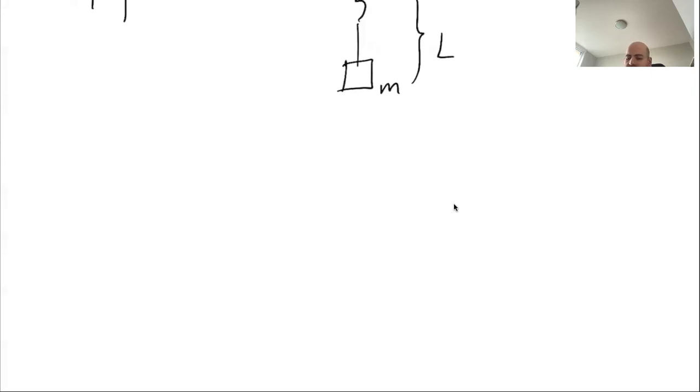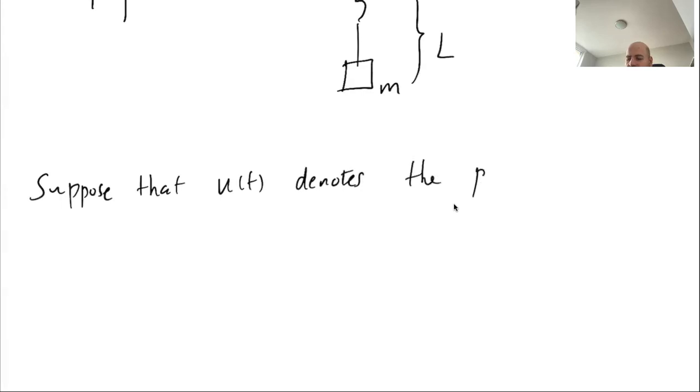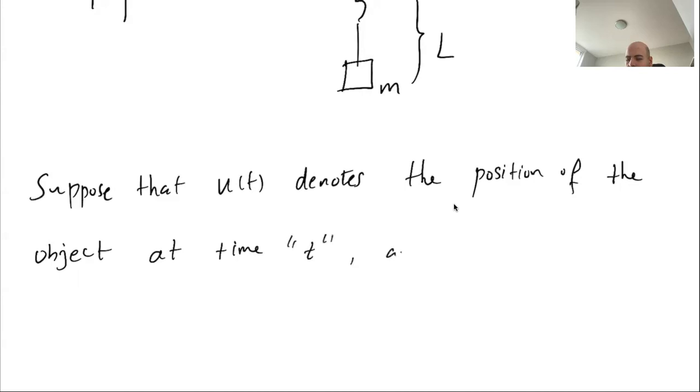Suppose that U of t denotes the position of the object at time t. And assume that U of 0 is 0.